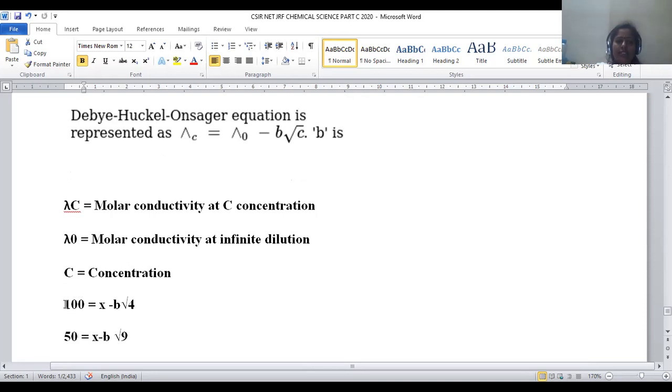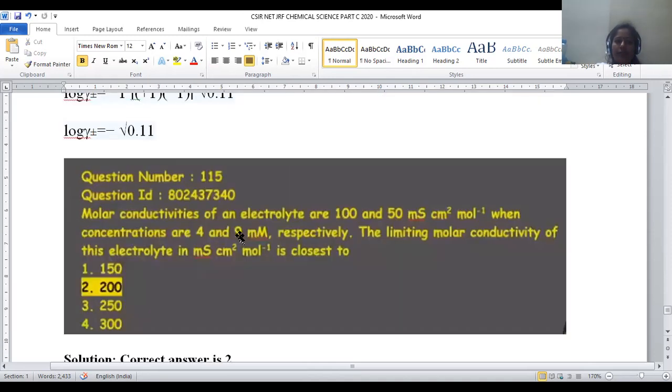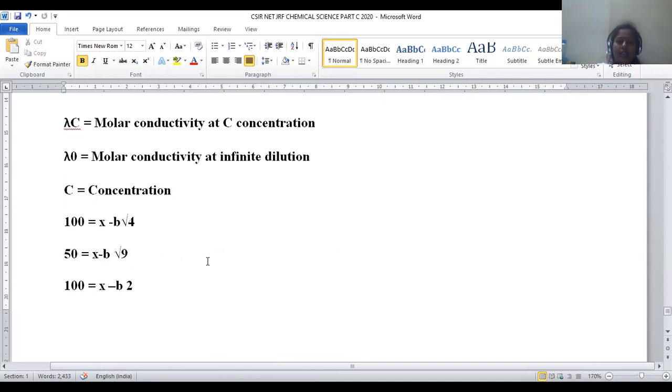Lambda c is 100, lambda naught is x, b is the constant. So for 50, the concentration is 9, that's why 50 is equal to x minus b under root 9.